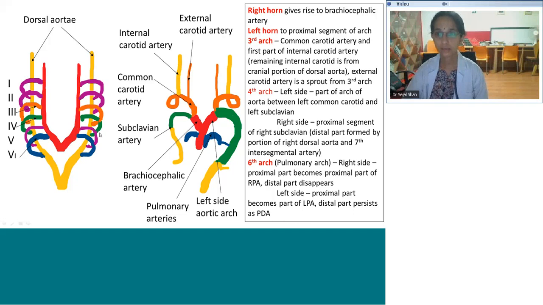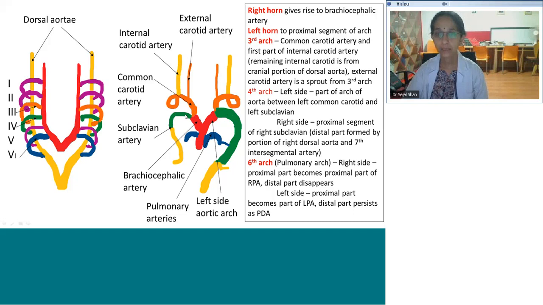Now coming down to the fourth arch vessel. On the left side, the fourth arch vessel forms the left aortic arch, that's the part between the carotid and the subclavian. And on the right side, it forms the proximal part of the subclavian artery.